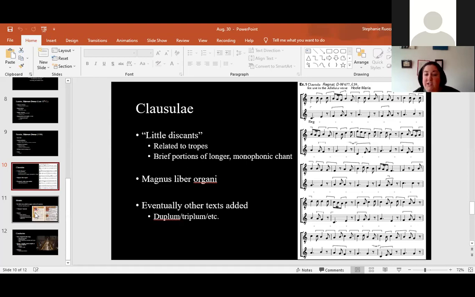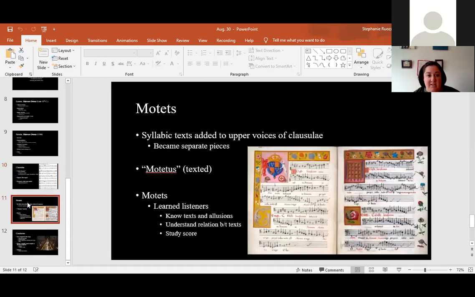When these sections got big enough, they broke off from the original monophonic chants. We no longer do the monophonic chants anymore. We do what we call motets. These are basically clausulae that have been extended into their own piece. So syllabic texts were added to the upper voices of the clausulae, became separate pieces.